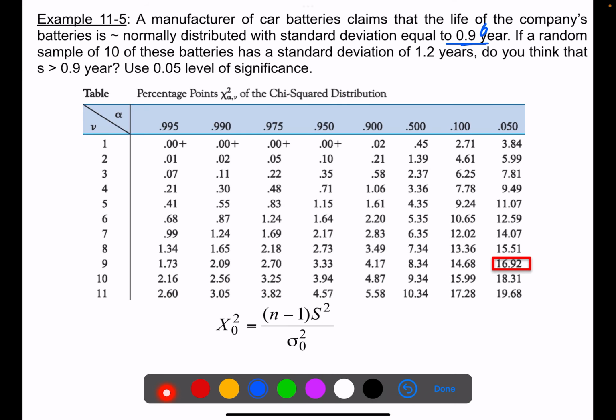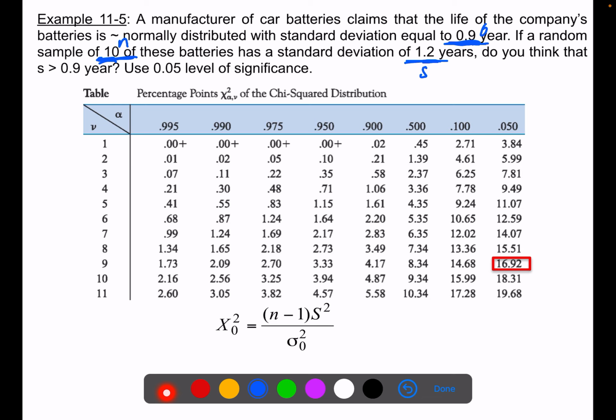If a random sample of 10, so this is our n, of these batteries has a standard deviation of 1.2, so this is our S, do you think that sigma is more than 0.9? The company claims that it is 0.9, and we test 10 samples and get a standard deviation of 1.2, which is much more than 0.9.